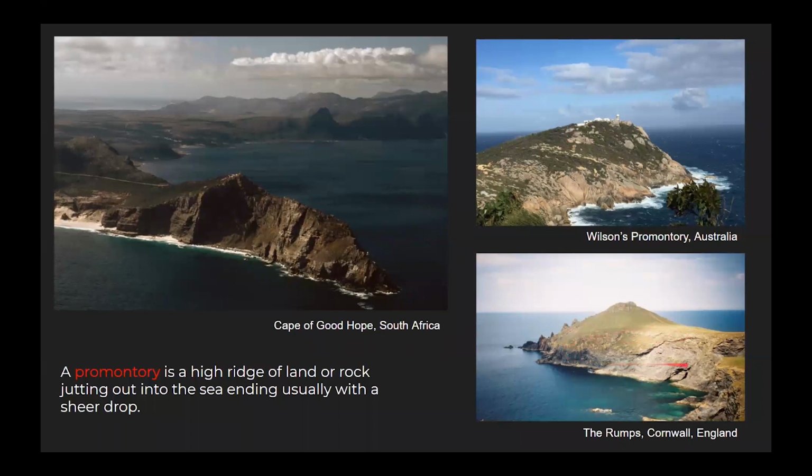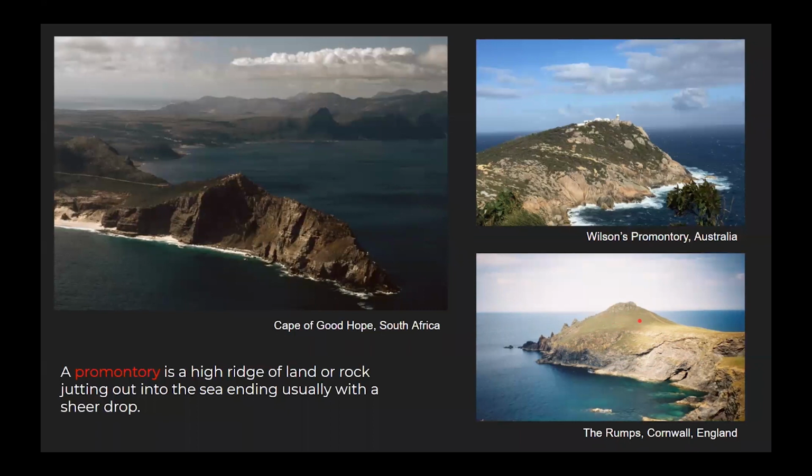Here we have the Rumps in Cornwall, England, and you are not going to be able to see it very well. I could not get a great photo of this that included the landmass as well as the fort, but there is a tiny ruin of a fort on top of this rump in Cornwall, England.